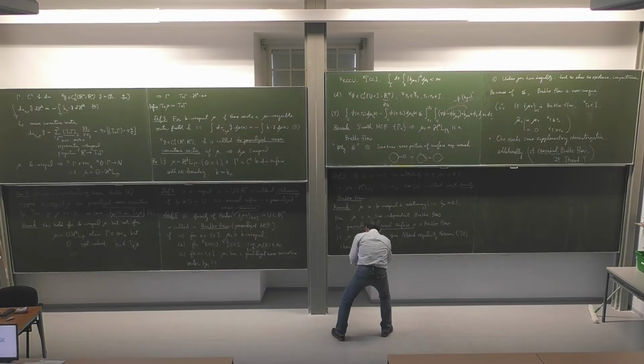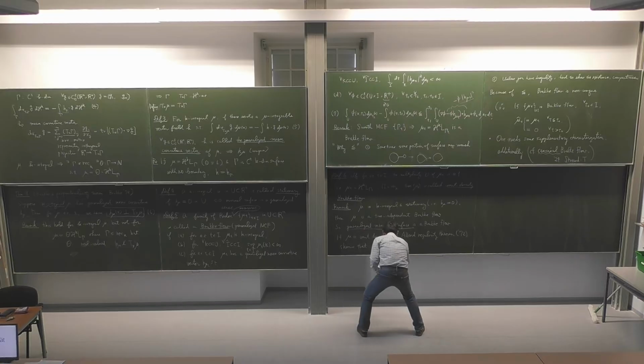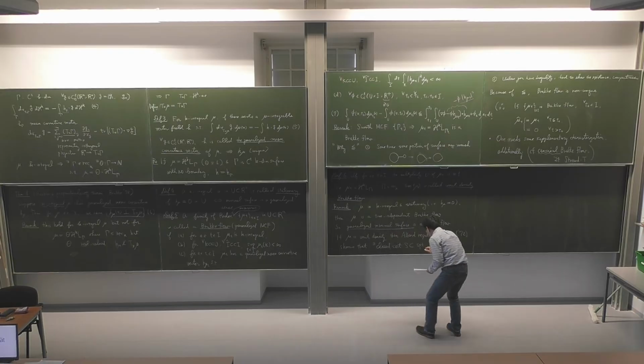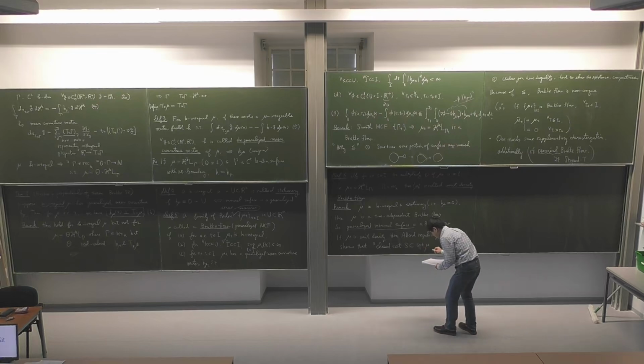So there exists a closed set S in the support. When I write spt, it's the support of mu. I hope that's clear what that means.